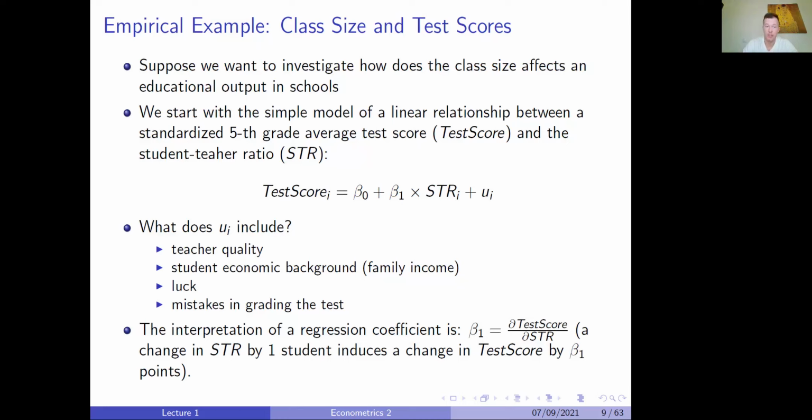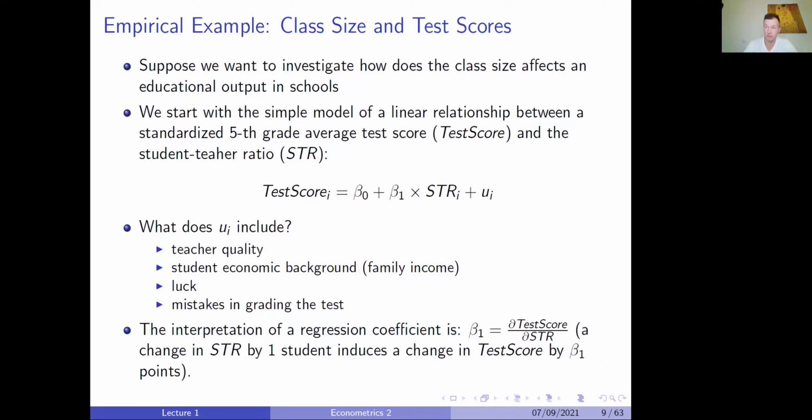This describes that a change in student-teacher ratio by one student induces a change in test score by beta 1 points. So if I change the number of students per one teacher, let's say by one student, my test score would change by beta 1.